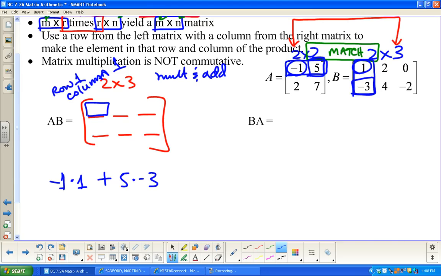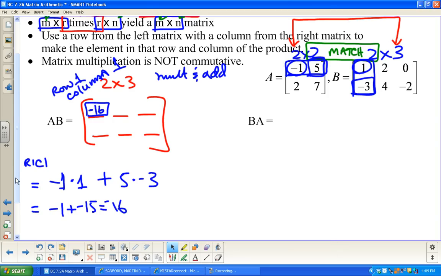Now this is the row 1 column 1 element. So this is going to be -1 plus -15, or -16. So that's going to go right there. Seems like a lot of work to get one number, but that is how it works.